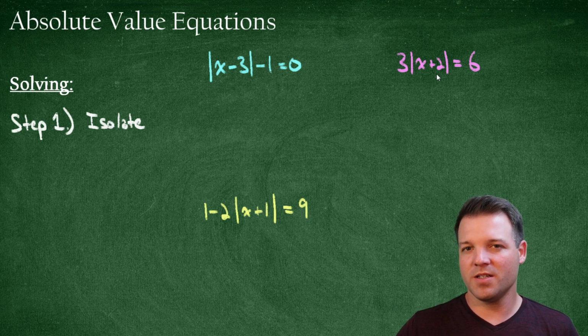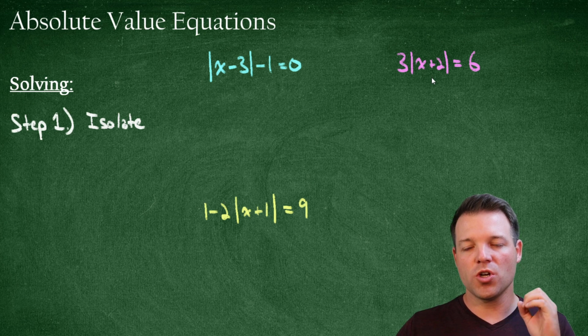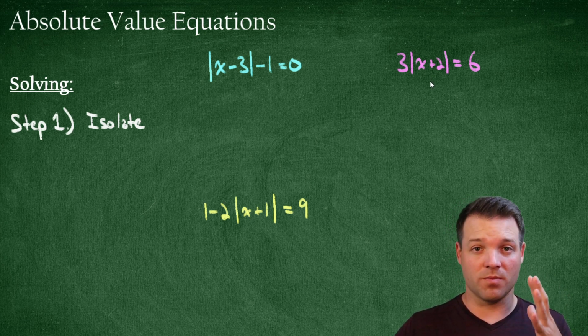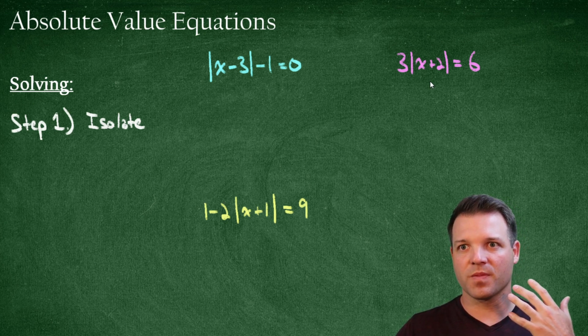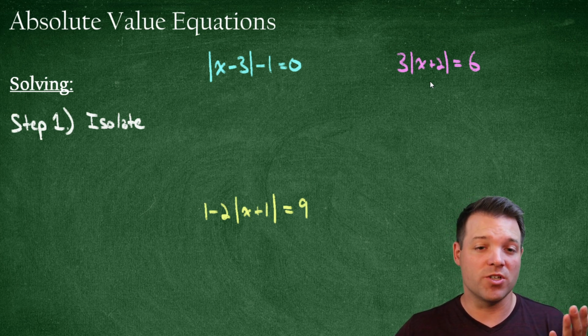Well, what I need to do is try to reverse that or undo it, but you should always isolate it first. If you don't, then you do some algebra on it, then it could end up going in the wrong direction or becoming more difficult than it originally was.